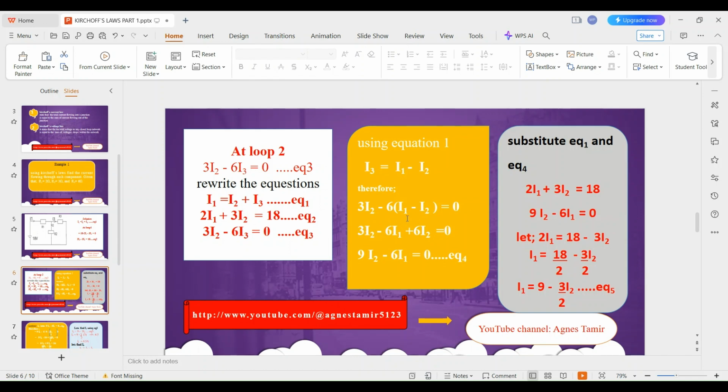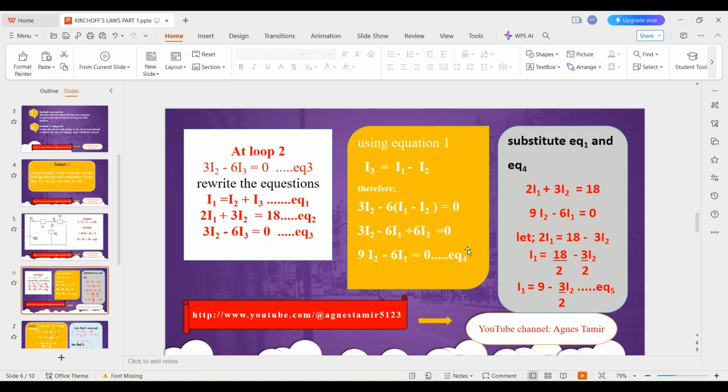Multiplying out, we get 3 I2 minus 6 I1, and negative multiplied by negative gives addition, so plus 6 I2 is equal to 0. We have like terms here, positive 3 I2 and positive 6 I2. When we add these two, we shall have 9 I2 minus 6 I1 is equal to 0. This is our equation number 4.